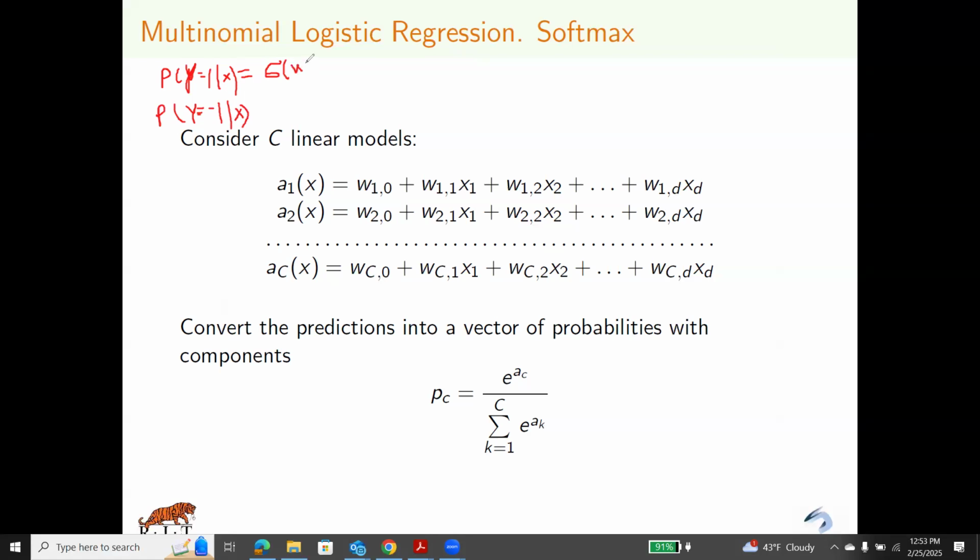So here we had weights times x tilde, because we allow a bias in our classifier. And the probability of the negative class, we calculated as 1 minus the probability of the positive class.